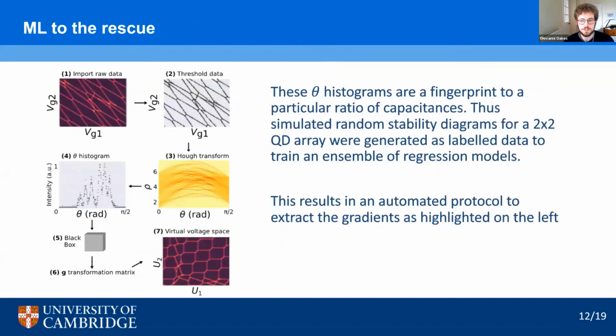So then we thought that maybe these histograms could act as a fingerprint that would tell us a specific configuration of capacitances. And so we created a large simulated data set, which we could label and train a regression model to predict the two gradients that we're interested in from this histogram.